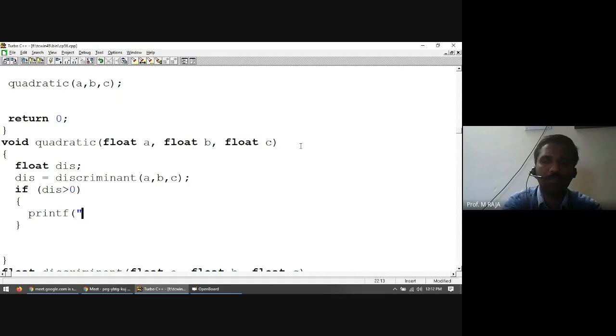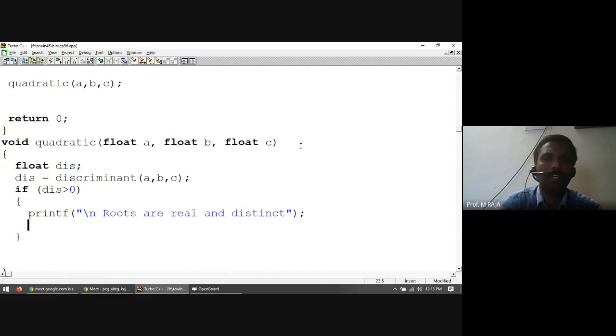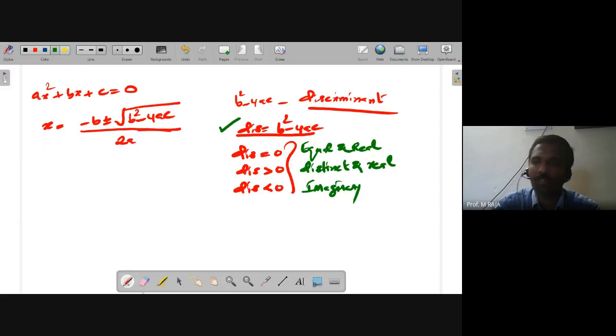Print slash n, roots are real and distinct. That means we have two different roots, real and distinct. In this case, we need to find the values of x1 and x2.